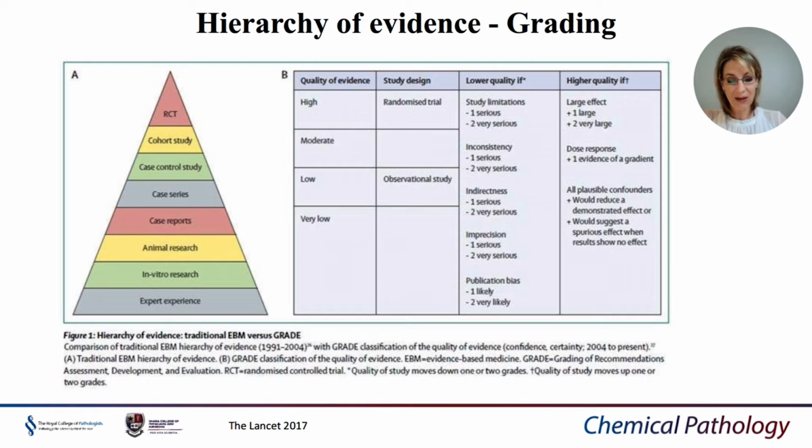Study design alone appeared to be insufficient, and it was a surrogate for risk of bias. Because there are certain methodological limitations of a study, such as imprecision, inconsistency, and indirectness. And these factors are independent from study design. They can also affect the quality of evidence derived from any study design.